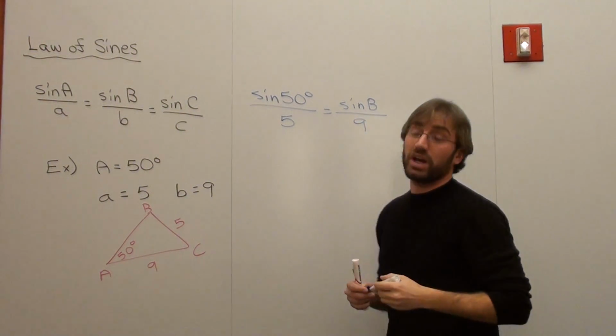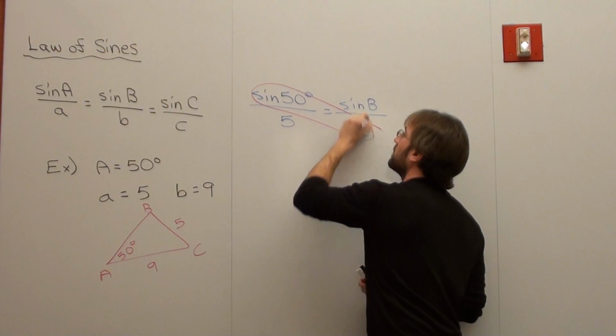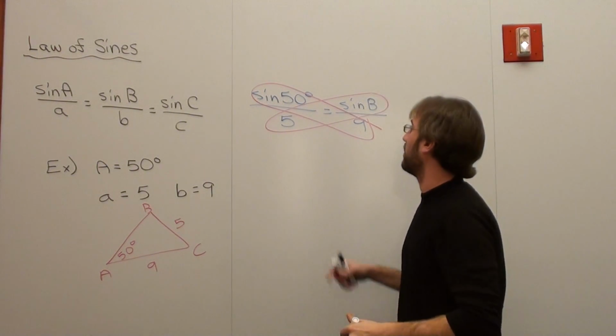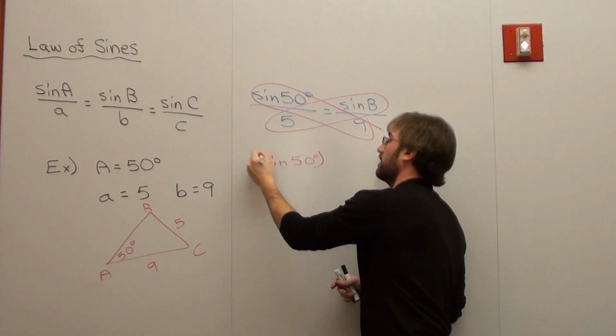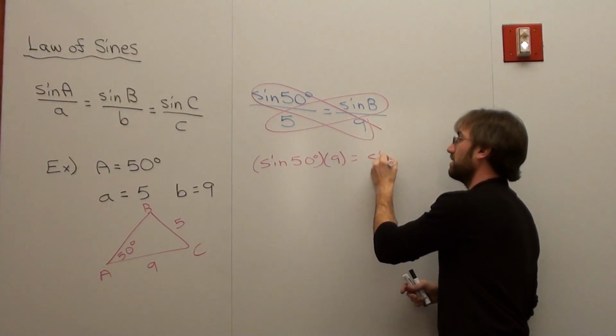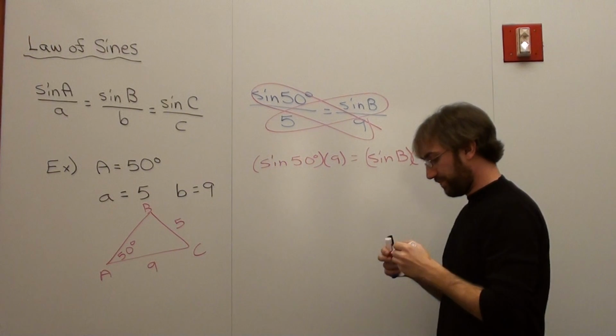What I'm going to do is cross multiply, and I'm going to show every step here because it's not going to take that long. Sine of 50 degrees times 9 equals sine of B times 5.